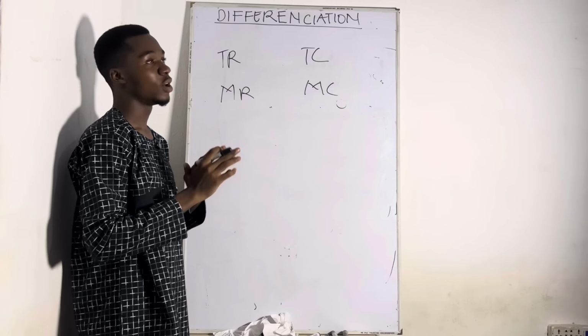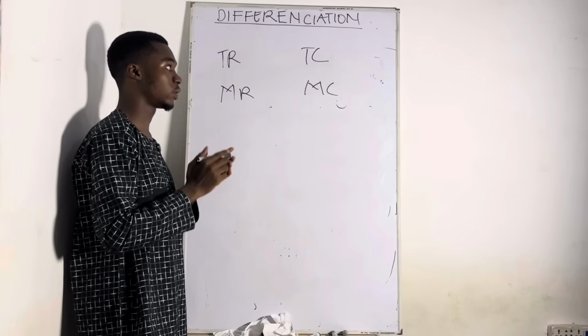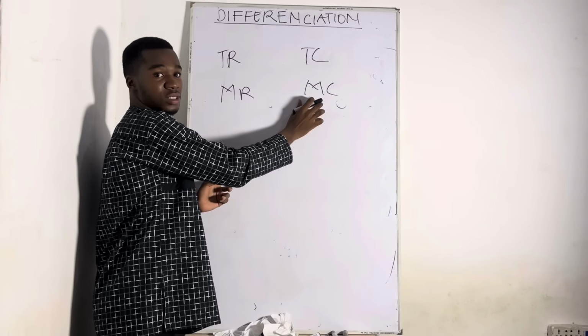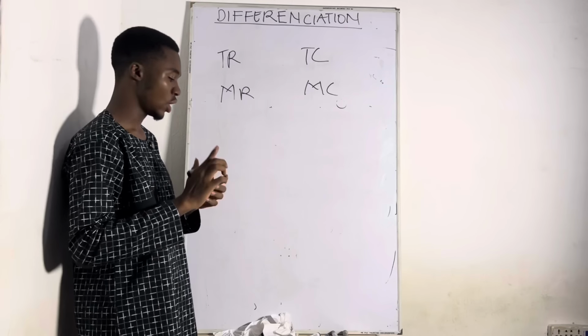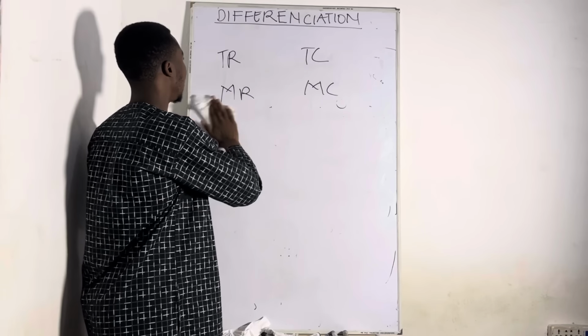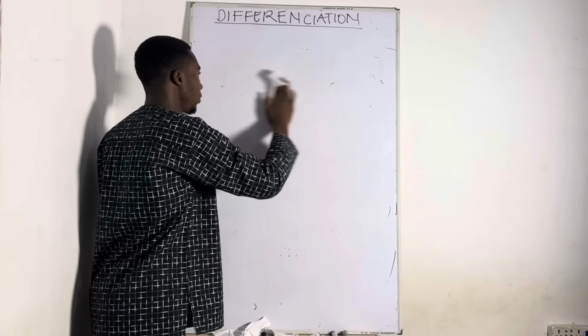You get it? Because anytime you differentiate something, it's just telling you the rate of change of it, how it changes with respect to something. Similarly, if you have the total cost function and you're asked to find the marginal costs, you differentiate the total cost function. That's how you can find the marginal cost. So we are going to take some practical examples for you to understand everything I'm saying.